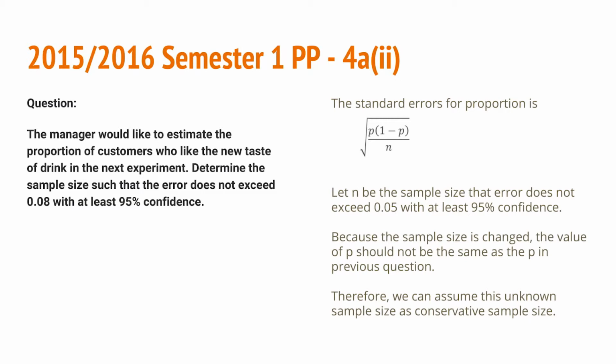Because the sample size is changed, the values of p should not be the same as the p in the previous question. Therefore, we should assume this unknown sample size as conservative sample size.